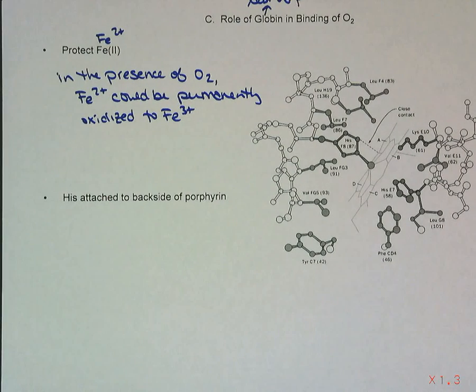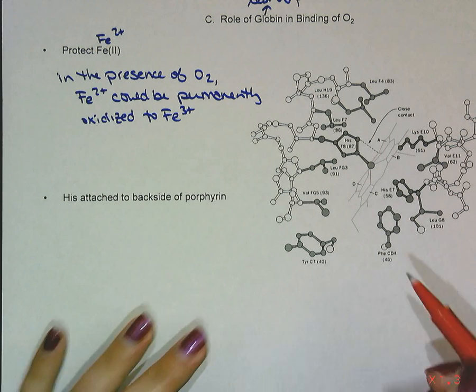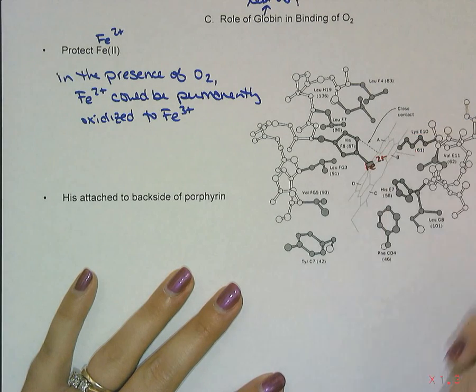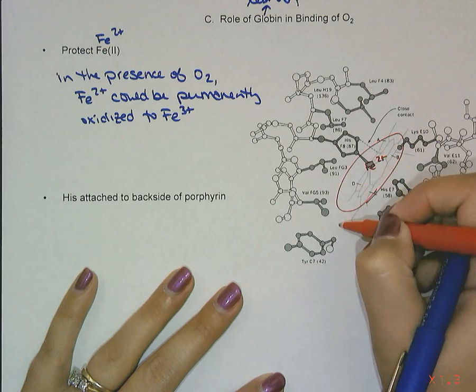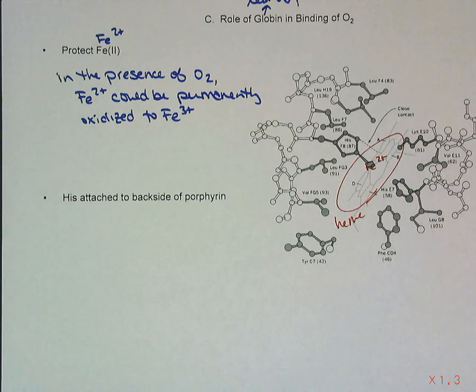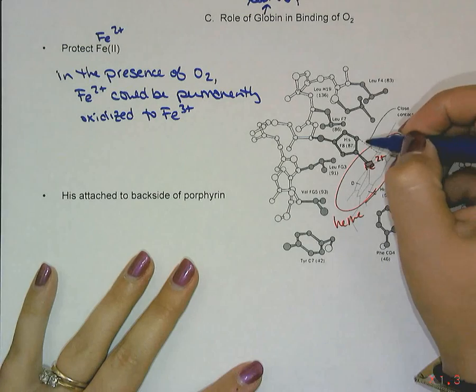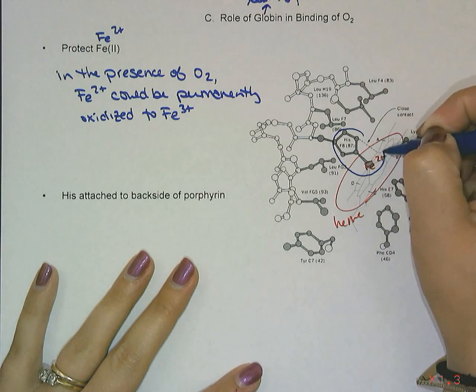Luckily, we have that histidine that we've been talking about. This histidine, right here. So this is my iron group, and then this is my heme. So I got my iron plus 2 sitting in the center, my heme group sitting around there. I have this histidine right here.